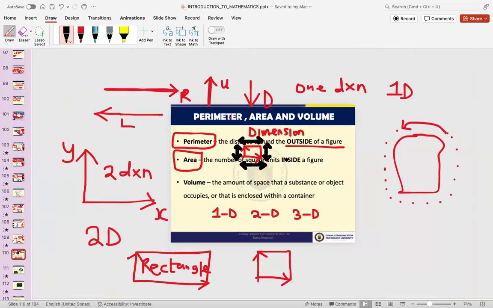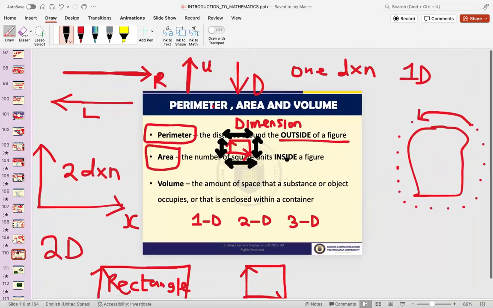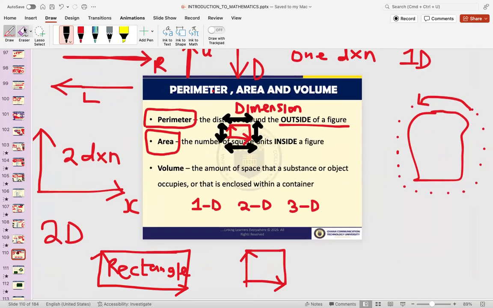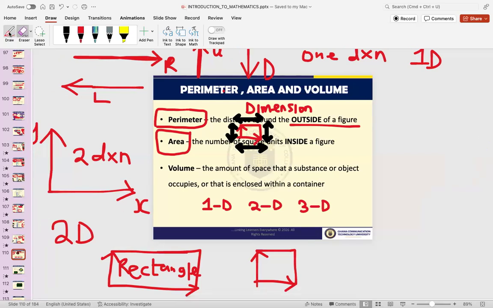Now, the modern technology is not using 2D, it's not using 1D, it is using 3D. So that's our next one to look at. What is a 3D figure? What is a 3D system? Now, 3D means that if you look at the 1D, the perimeter, we were going through only one direction. So our concern was measuring length.